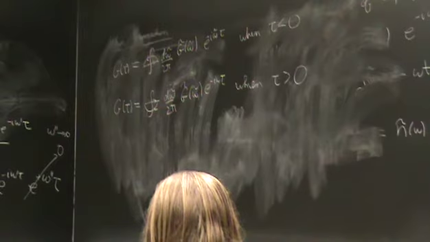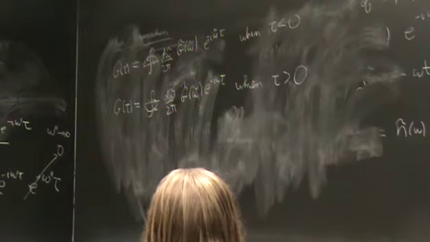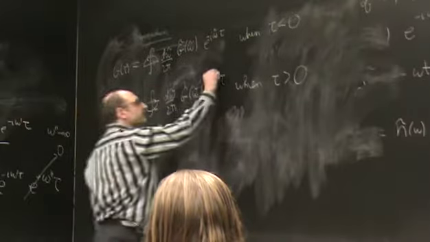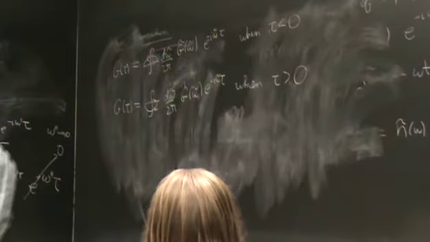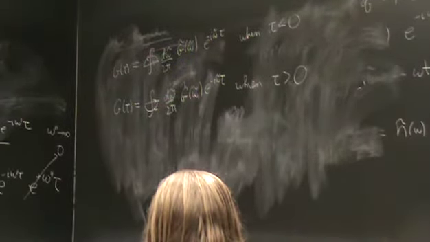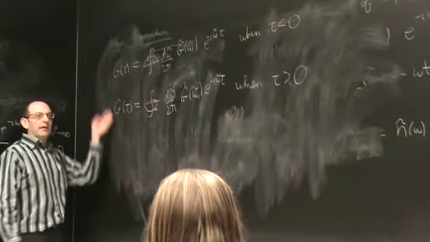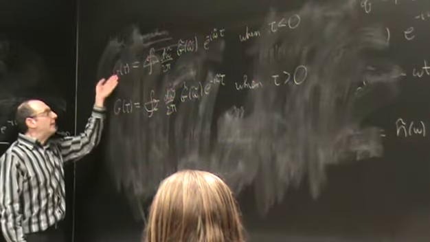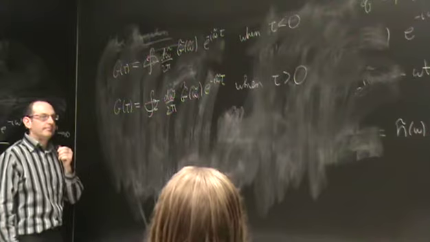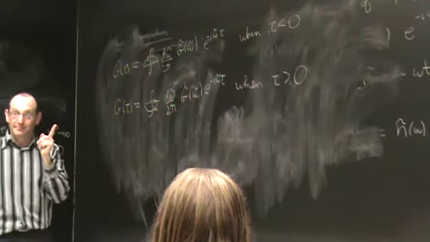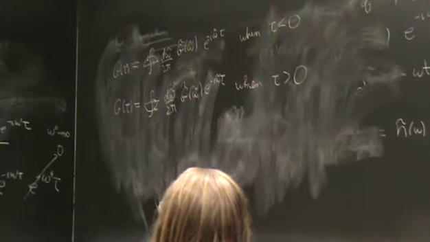So let's just play omega in this case. Is that right? That should be a tilde. It's all tilde. Okay, so we get two different ways of calculating this, either when tau is positive or tau is negative. However, so far we have said nothing about causality.